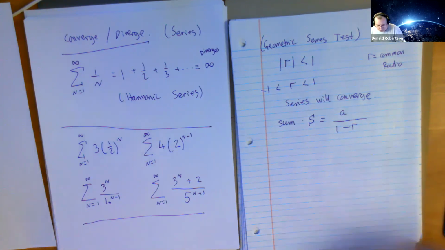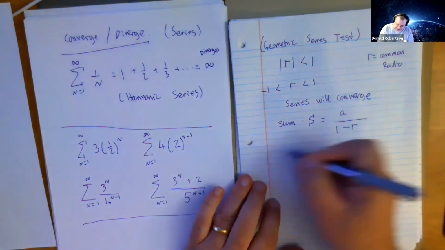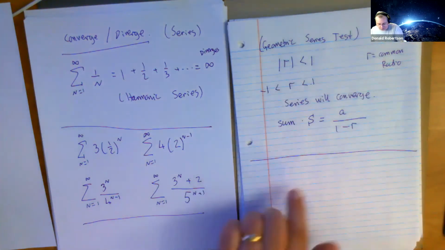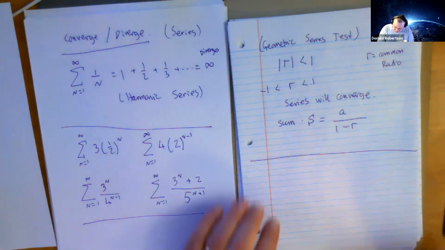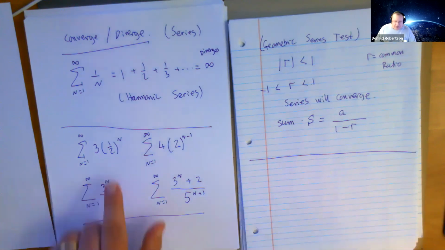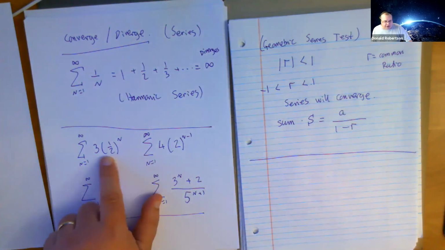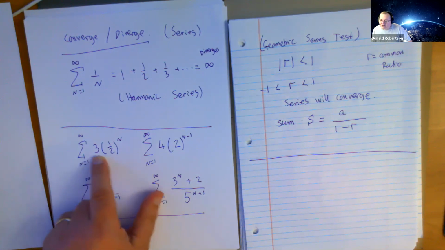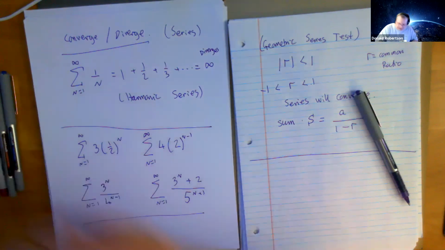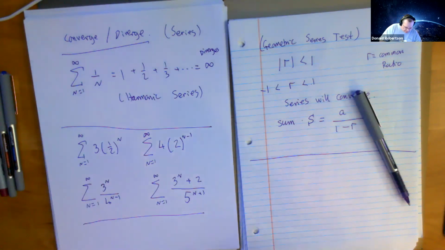Now, once you know this piece of magic, that if R is between -1 and 1, that it will always converge, and that the sum of the series will be that. Let's go back to this fella here. Do you recognize who R is from its formula? Because it's there, you just have to know where to look. Okay, what's the R value here?